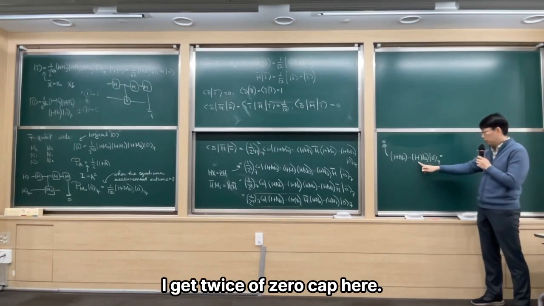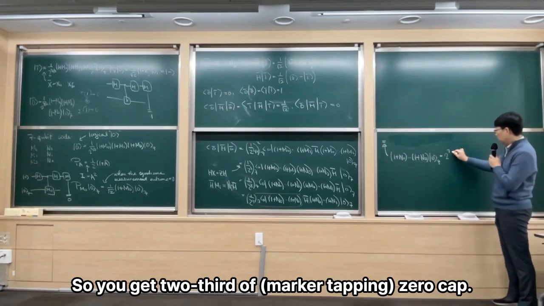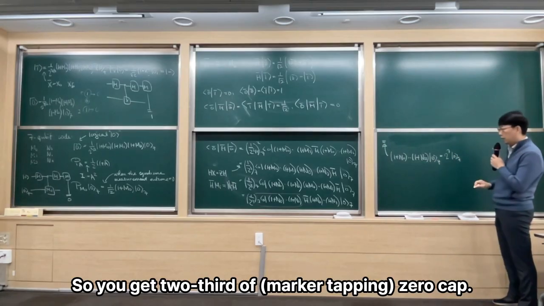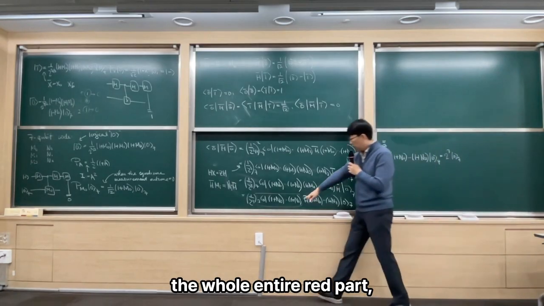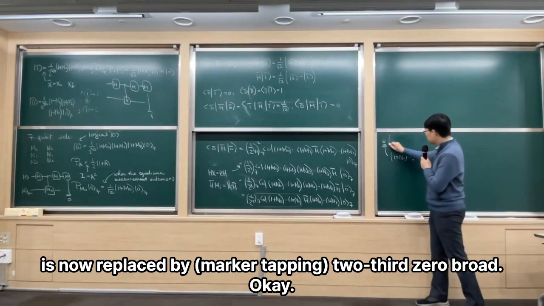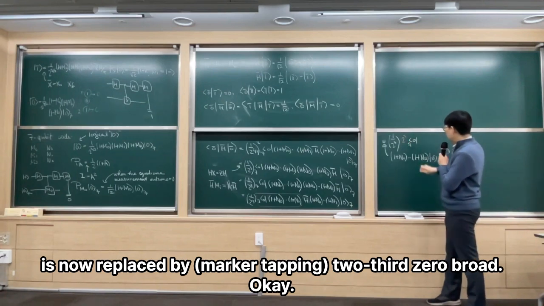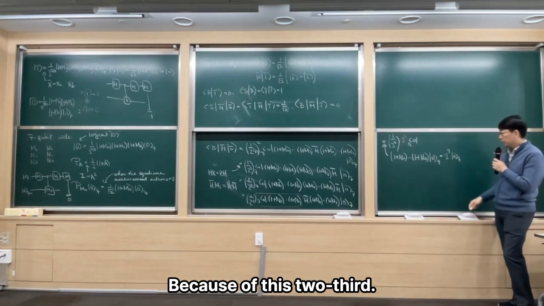I get twice of 0 cat here. So I have a 3, so you get 2/3 of 0 cat. So the whole entire red part is now replaced by 2/3 0 bra, okay? Because of this 2/3.